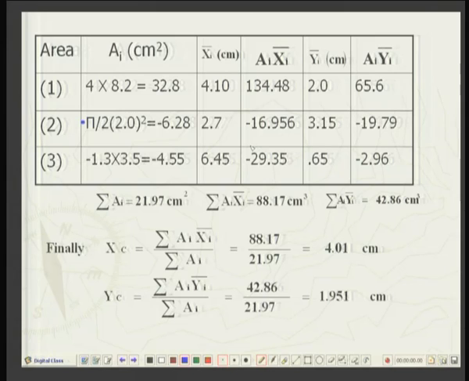So, by the formula for xc and yc, when we substitute, we will get 4.01 and 1.951 centimeter as the coordinates of the centroid of the shaded area. So, this is how you can calculate the centroid for composite areas.